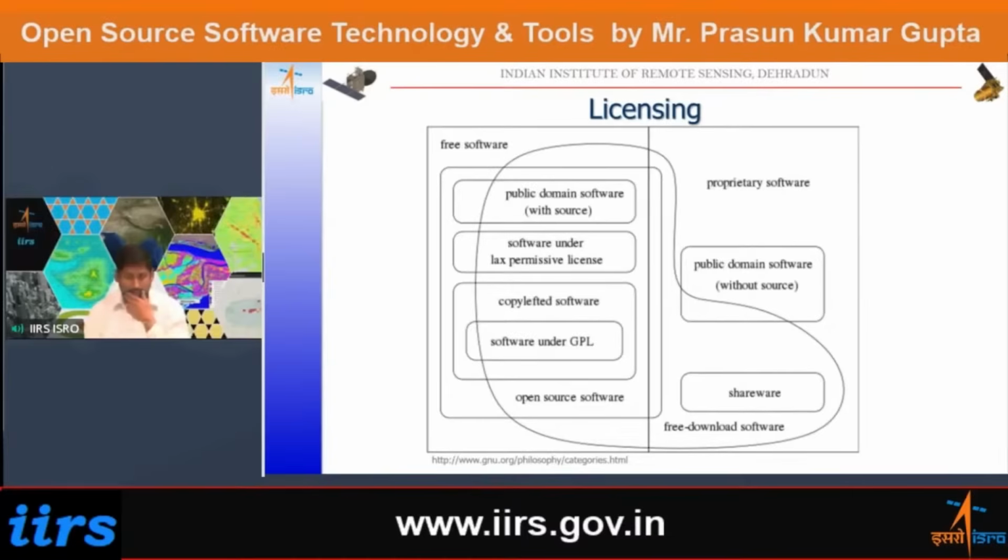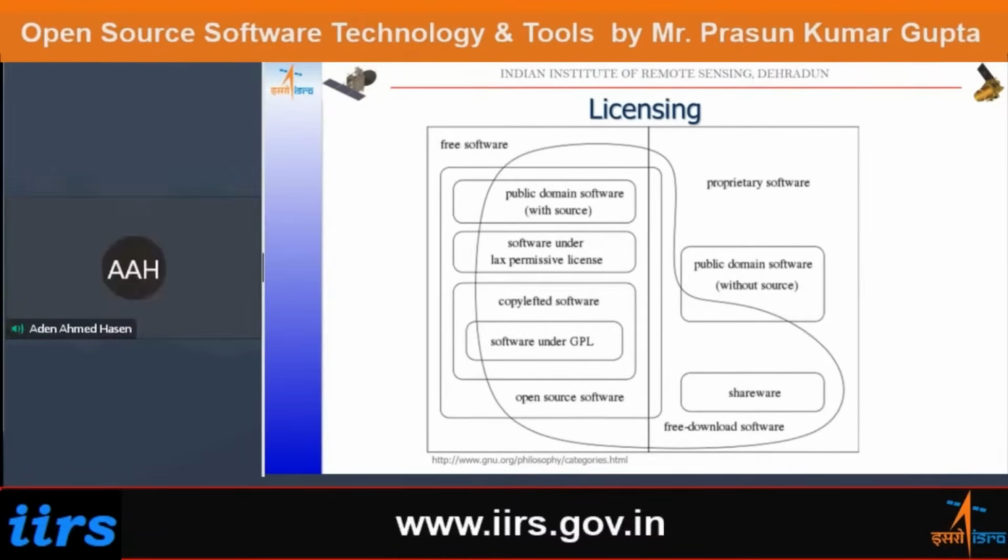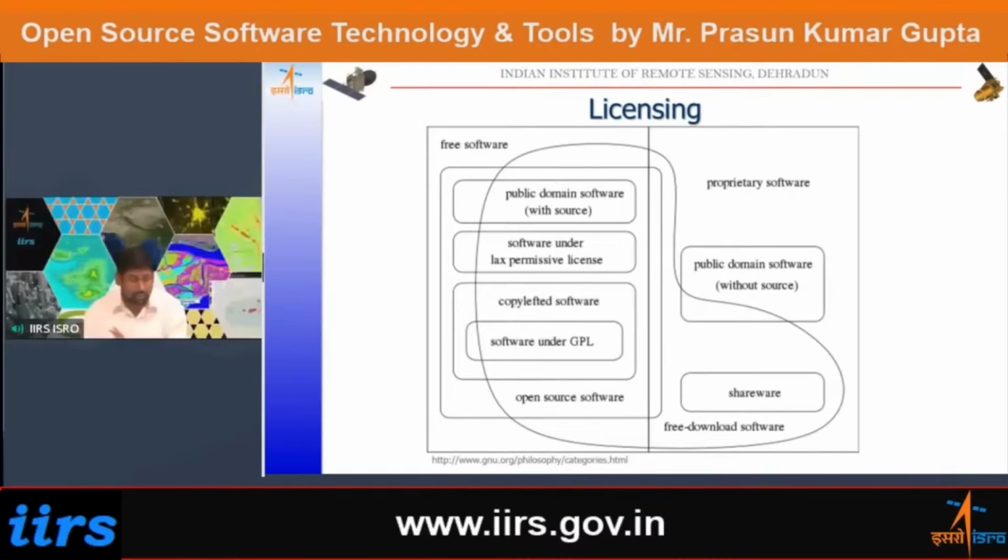Whether you spend your time, money, effort in improving it does not matter. If you have got it for free, you must give it out for free. So those are softwares which are released under GPL.